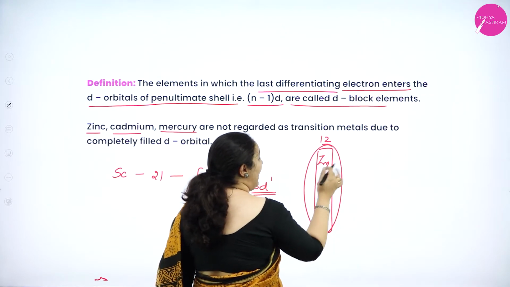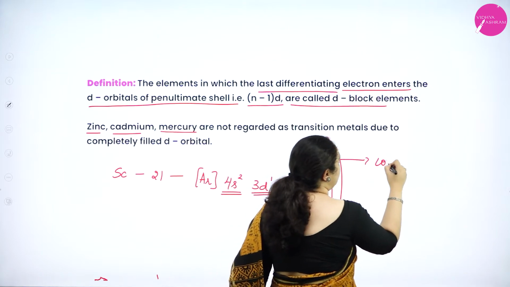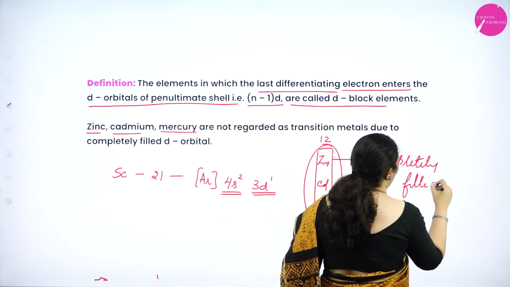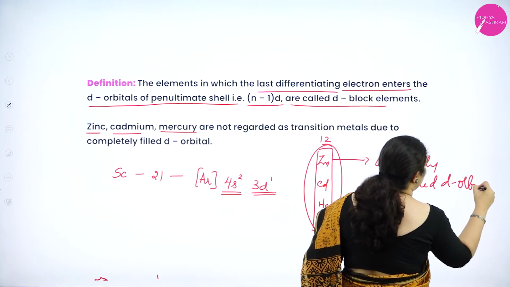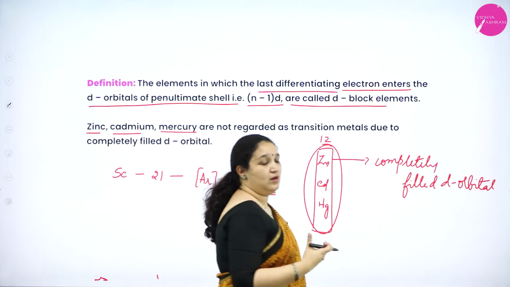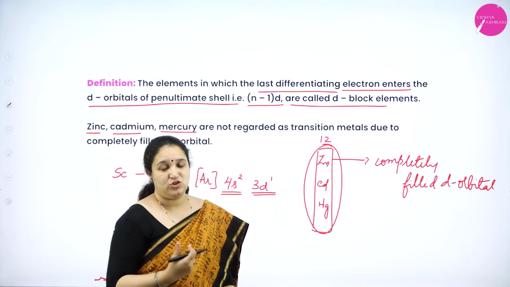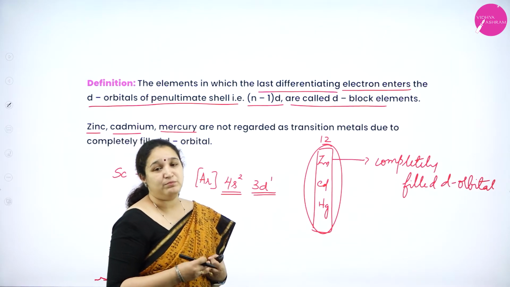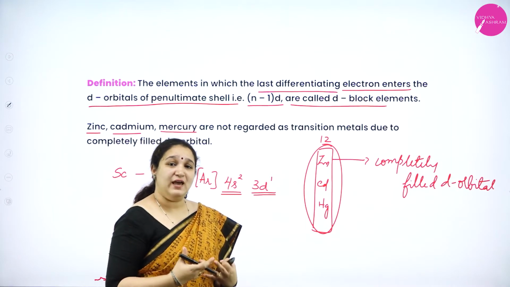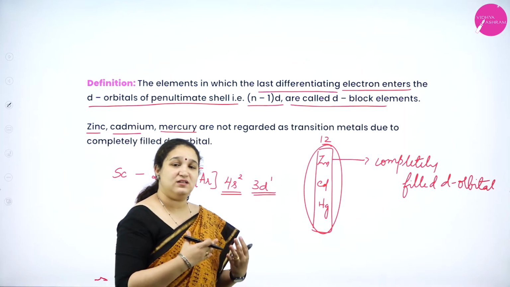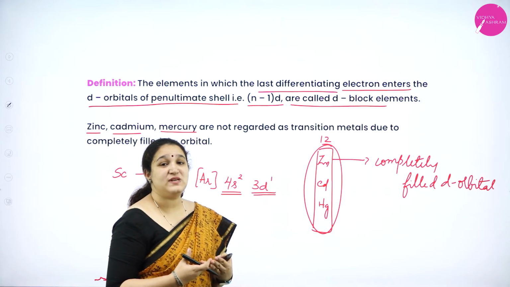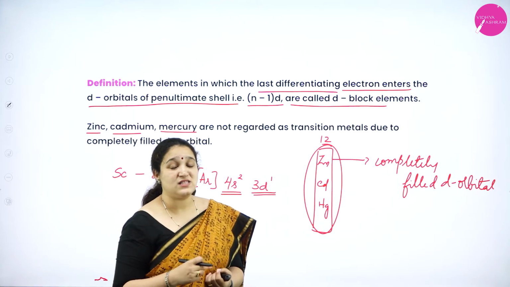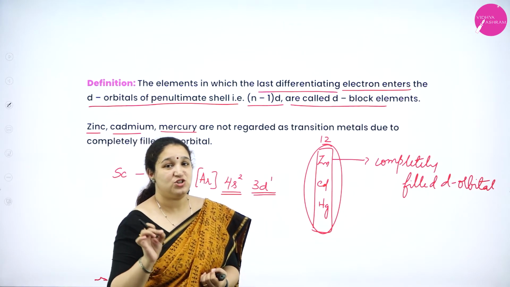These have completely filled d orbitals. Thus, they are not typical transition elements. But we study zinc, cadmium and mercury as they have the same characteristics as d block elements. Thus, we study them along with the d block elements, and they are also called non-typical transition elements.